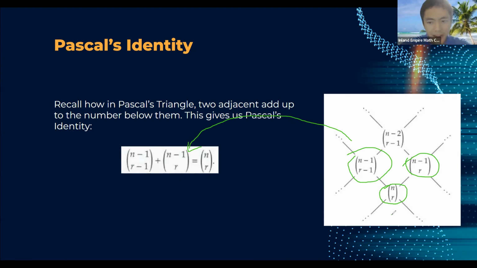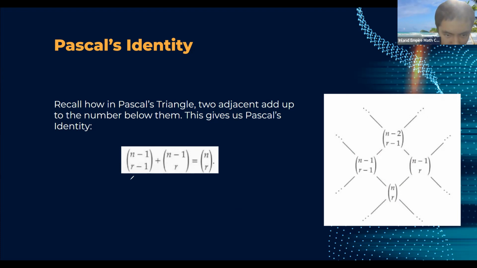You know what, guys? Let's try out this formula. Braden, why don't you give me 2 combinations that are next to each other on Pascal's triangle? So give me 2 random numbers like this. Three choose 2 and 5 choose 3.